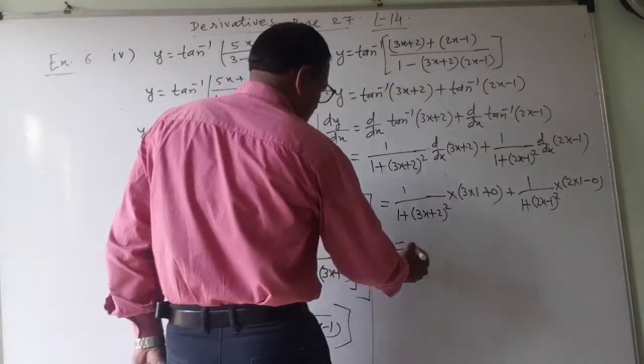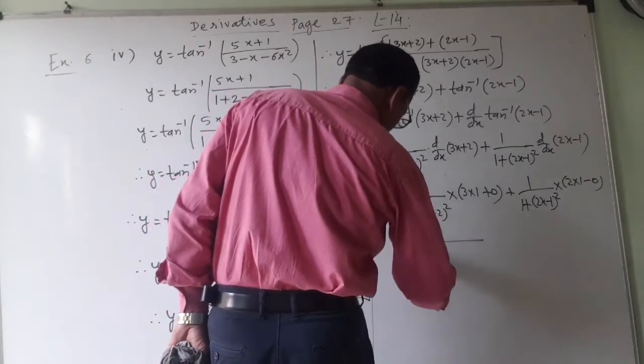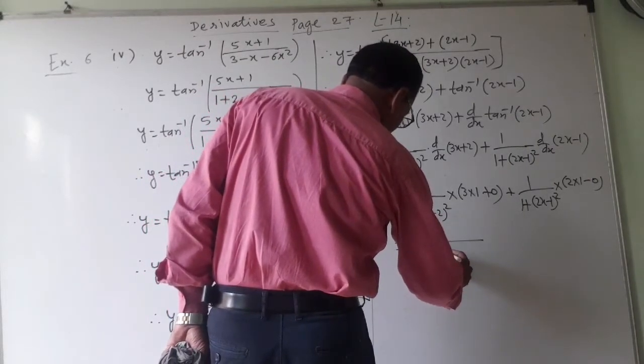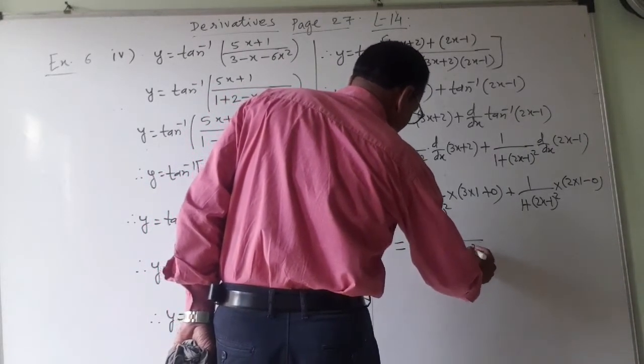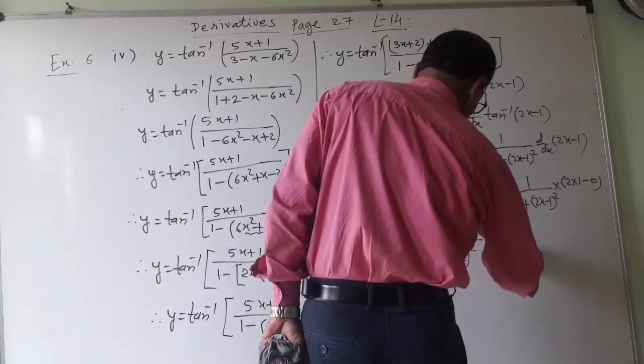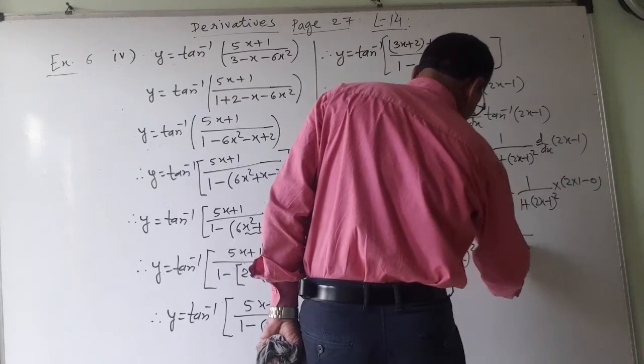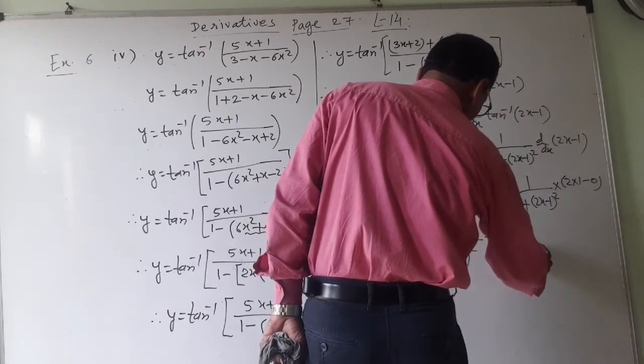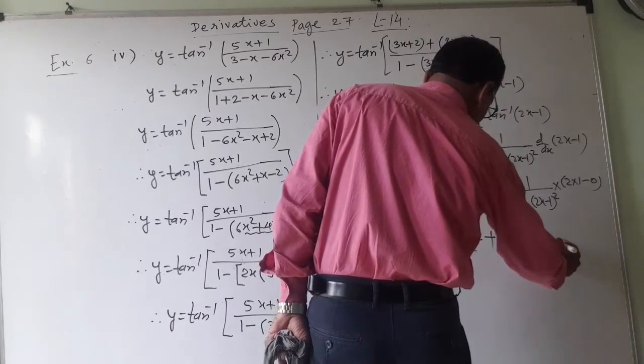So overall this is 3 upon 1 plus (3x plus 2) bracket square, plus 2 upon 1 plus (2x minus 1) bracket square.